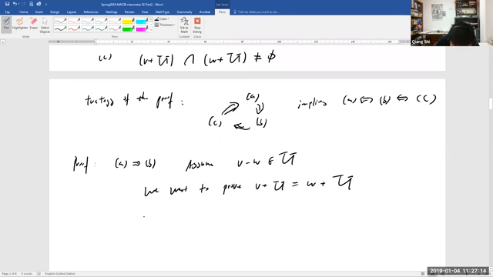So let's consider this. We're going to take a generic element from V plus U. Let's consider V plus lowercase u here, an arbitrary element in V plus capital U. You want to show this belongs to W plus capital U. What do we mean by belonging to W plus capital U?